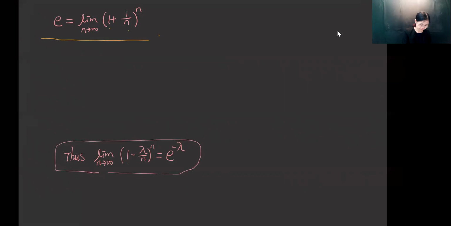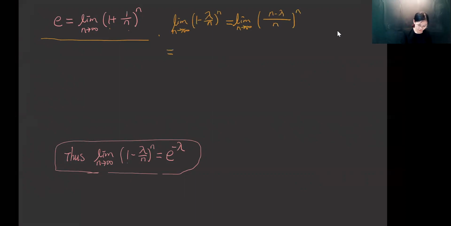First, let's consider the limit of 1 minus lambda over n to the power n. And you can write that as the limit of n minus lambda divided by n to the power n.